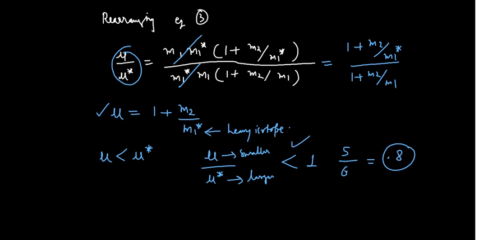Now from here one very important thing you can notice: since m1 star, that means the heavier isotope, would have the higher mass than the m1, therefore 1 upon m1 star would be lesser than 1 upon m1, which would be quite obvious.